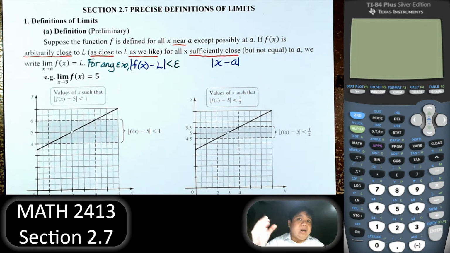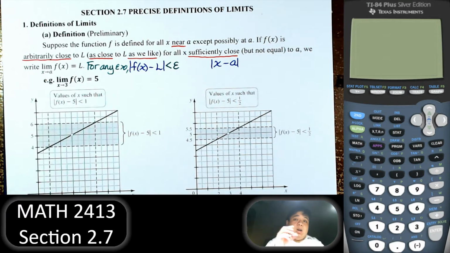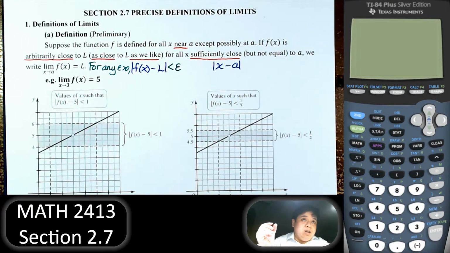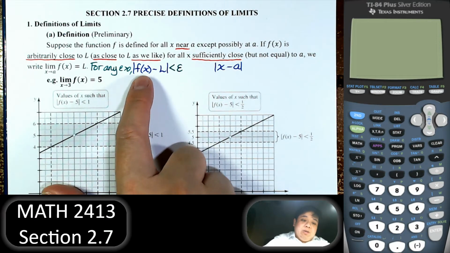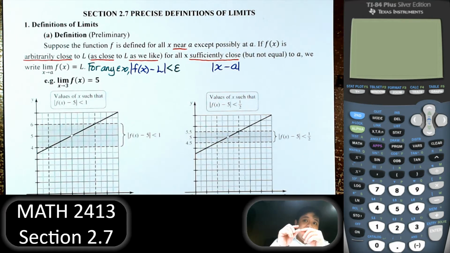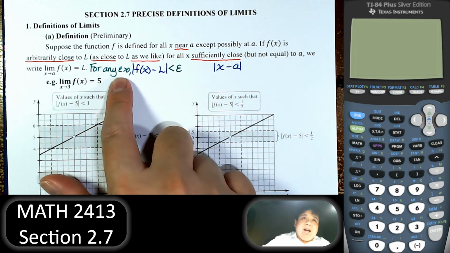It doesn't matter what positive number you come up with, doesn't matter how small it is. We can say the function and the limit can get even smaller than that. So they can get as close together as we want for any value of epsilon.